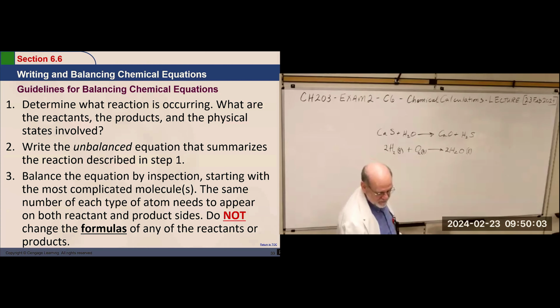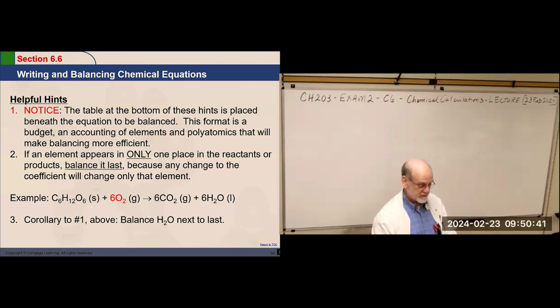And I've got these rules here, and helpful hints. Let's see, did I hand out helpful hints? Yeah, there's this document right here. And there's that one. That's helpful hints. We're going to use those as I show you how to balance various equations.